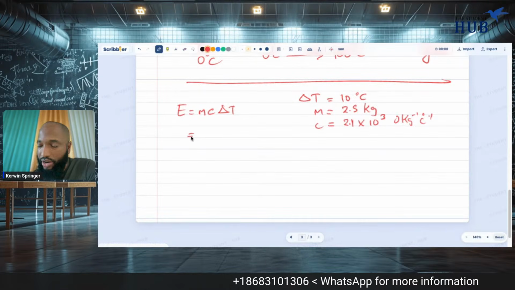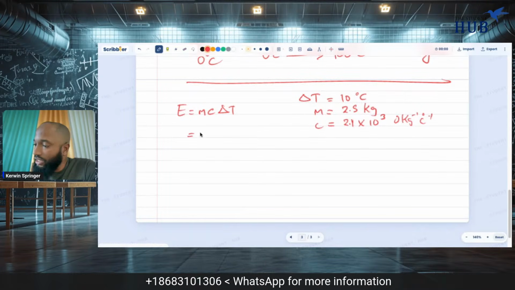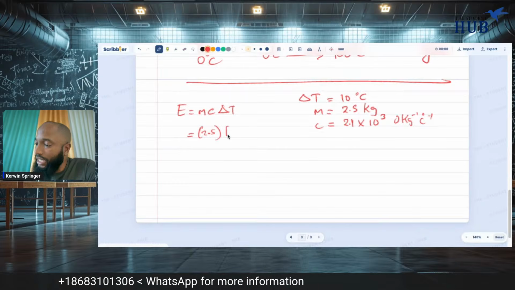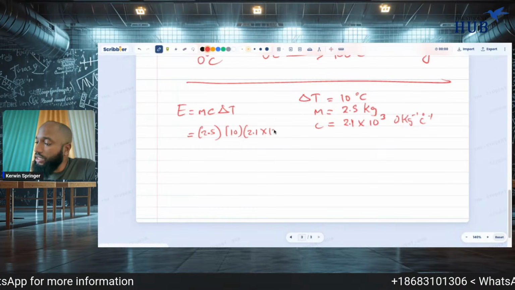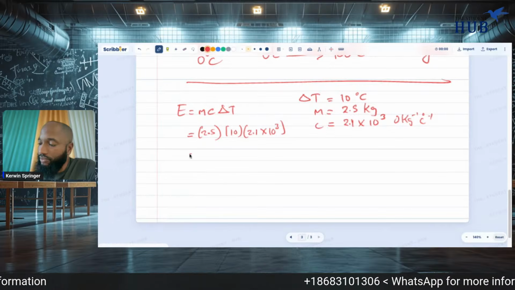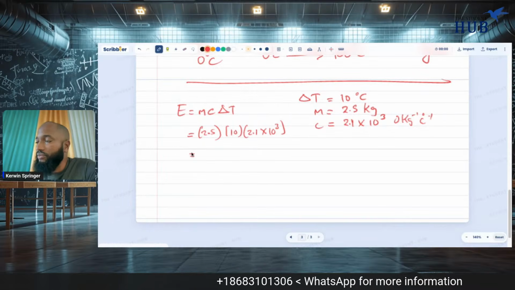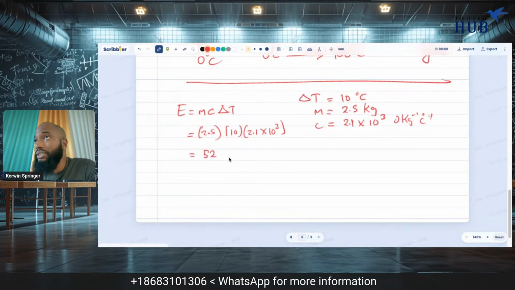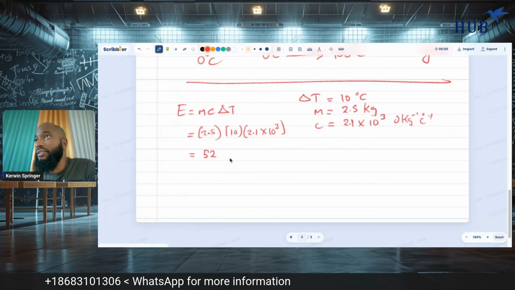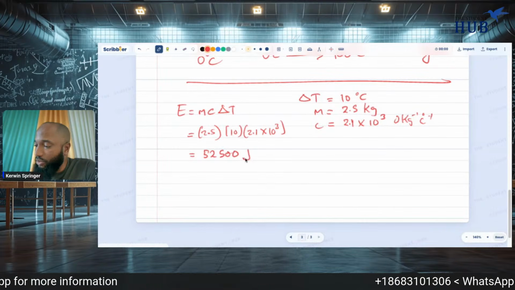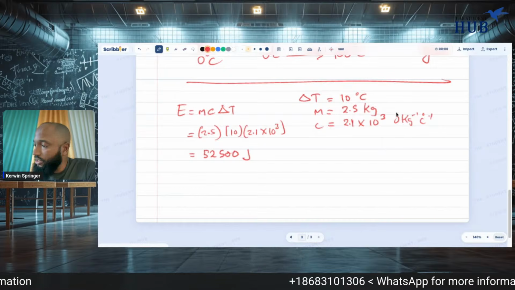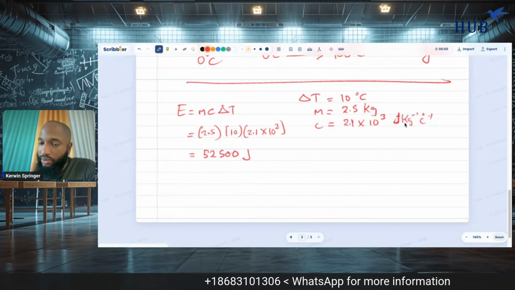What are we going to get here, everybody? Anybody have any answers yet? So you have 2.5 by 10 by 2.1 times 10 to the power of 3. 52,500, and this would be in joules because I'm seeing joules here, right?